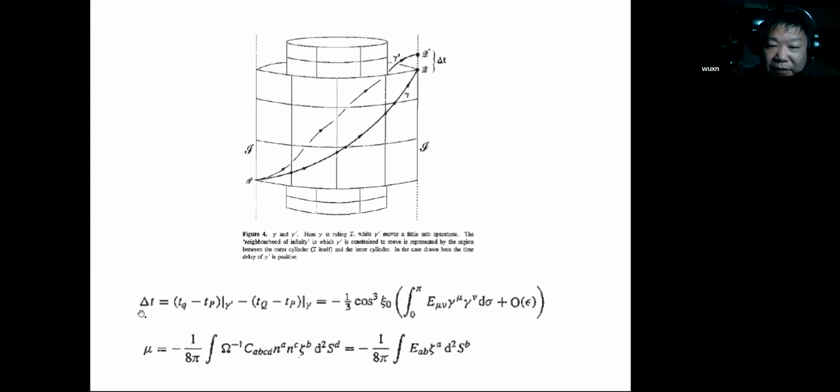Then with the positivity of the delta t, you can prove that the mu should always be positive, at least in the time mean sense.